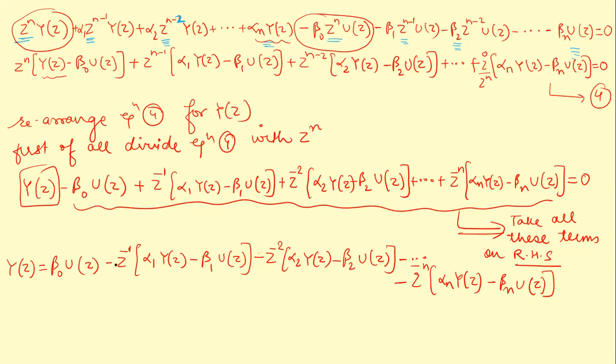Now we can multiply this with the minus sign here. We can also simplify this, or yz is equal to beta naught uz plus z raised to the power minus 1 into, so this will become plus here, minus into minus will give us plus, so we have beta 1 uz, right?